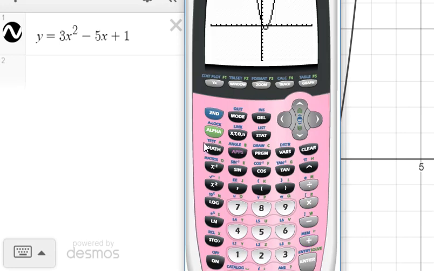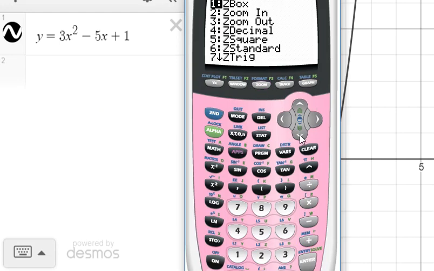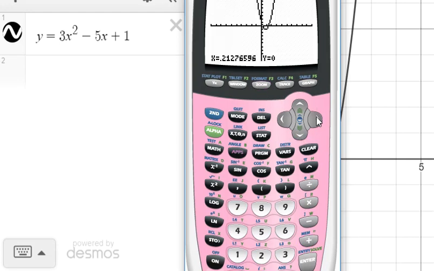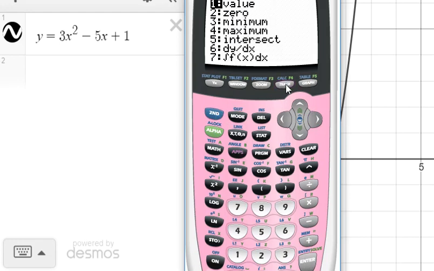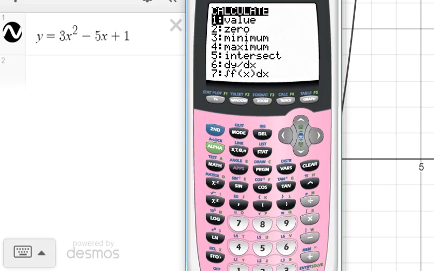If I want to find the x-intercepts, I'm going to first zoom in a little bit so I can see it a bit better. So watch, I'm just going to zoom in right over here. So much better. So second, trace, it opens this calculate menu. So if I want to find the x-intercepts, we're going to look for what's called the zeros.